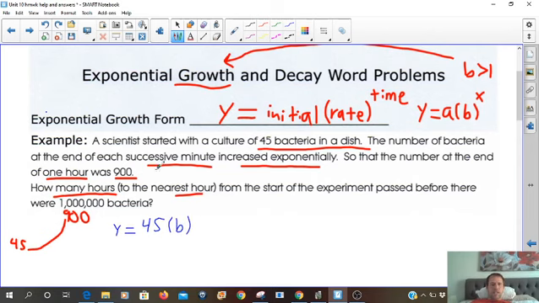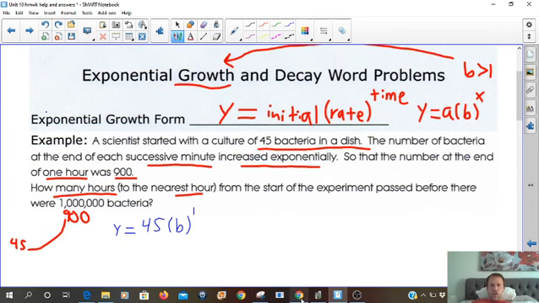And then the time period they give us is each 1 minute, right? Just 1 minute, first of all. Then it gets more than that. Awesome. So we have 45 base 1 minute. Cool. So 45 bacteria. The number of bacteria at the end of each minute increased exponentially. So the number at the end of 1 hour was 900.